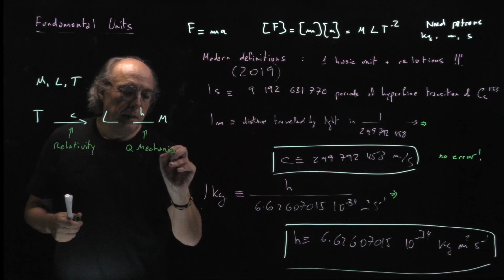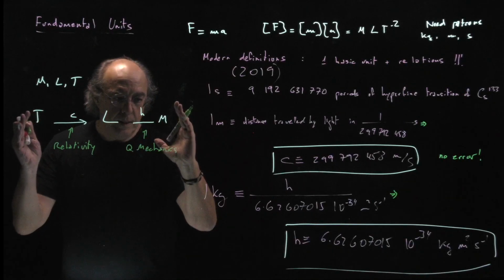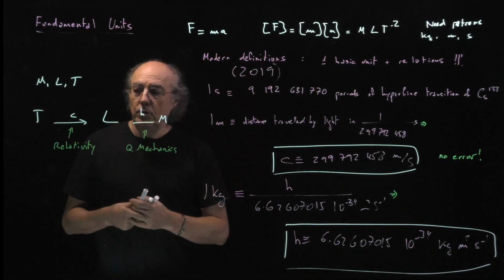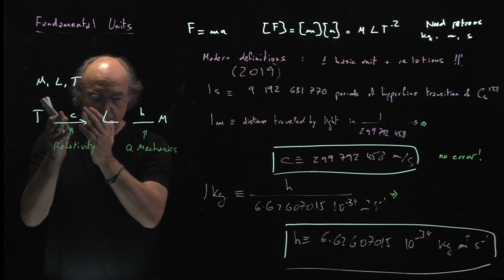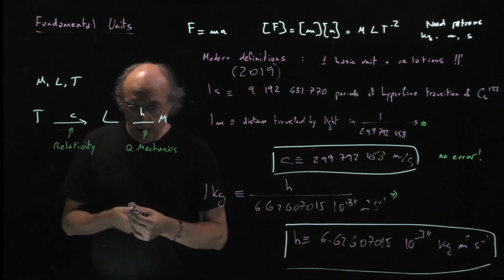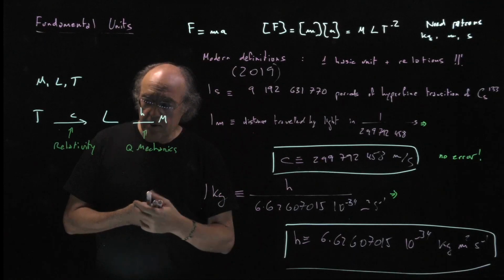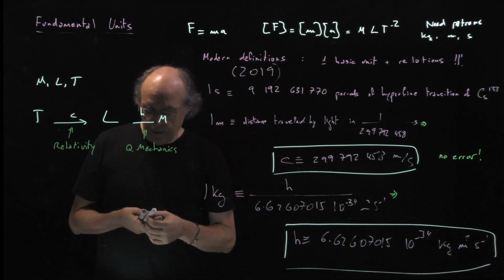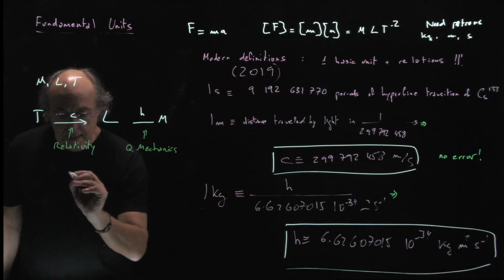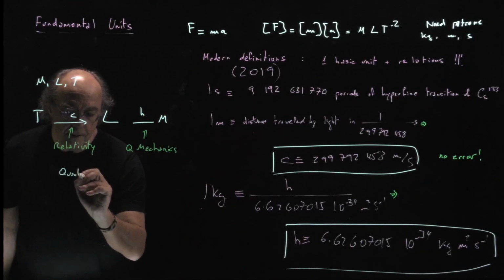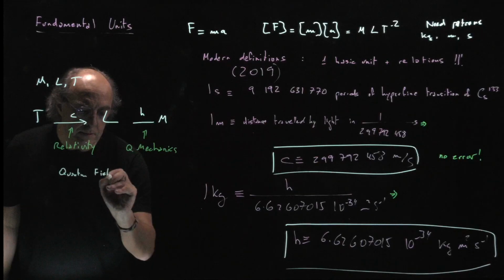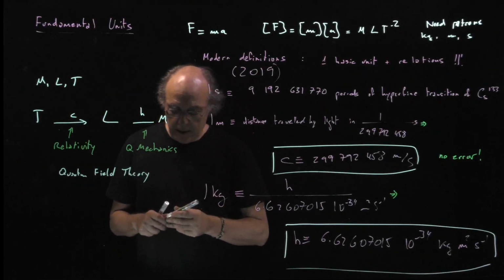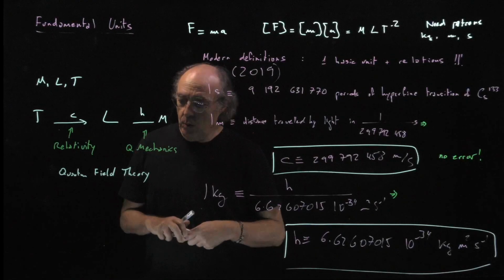So the ultimate theories that can be described with this way of proceeding are those that simultaneously obey c and h, and the language that we have found that describes all these things together is quantum field theory. So in a way, we're accepting that quantum field theory is the way of describing our world.